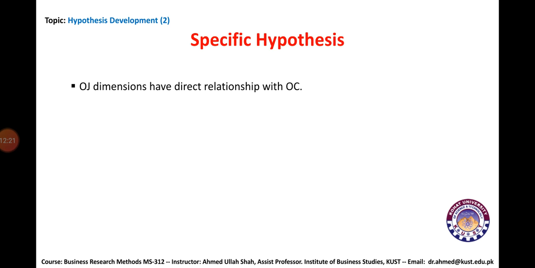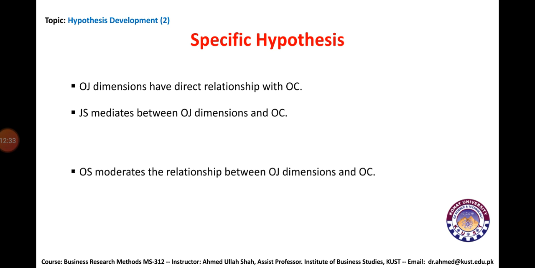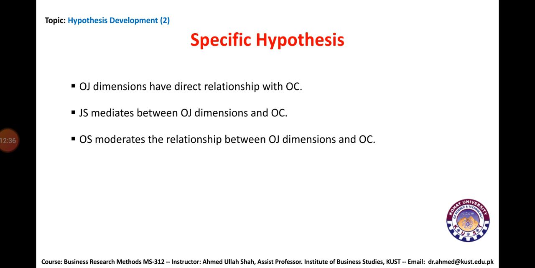We may also assume that job satisfaction mediates between organization justice dimension and organization commitment. And we may also assume that organization size moderates the relationship between organization justice dimension and organization commitment. Remember that all three assumptions are our three hypotheses.